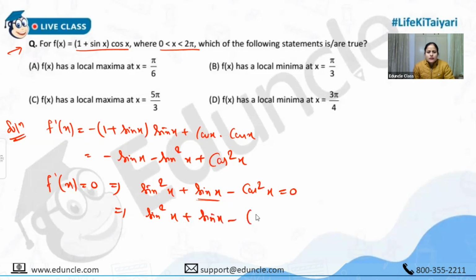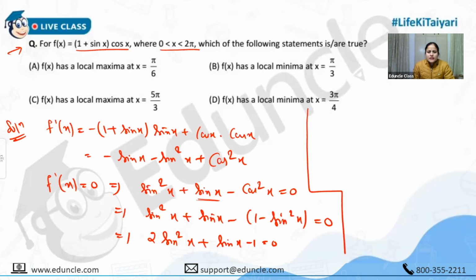So I will put here 1 minus sin square x is equal to 0. So I just have here 2 sin square x plus of sin x minus 1 is equal to 0. So as I am getting here quadratic equation in sin x, so I can use the quadratic formula. So sin x is equal to what? Minus b plus minus the square root of b square minus 4ac, that is plus 8, divided by twice a, that is 4.